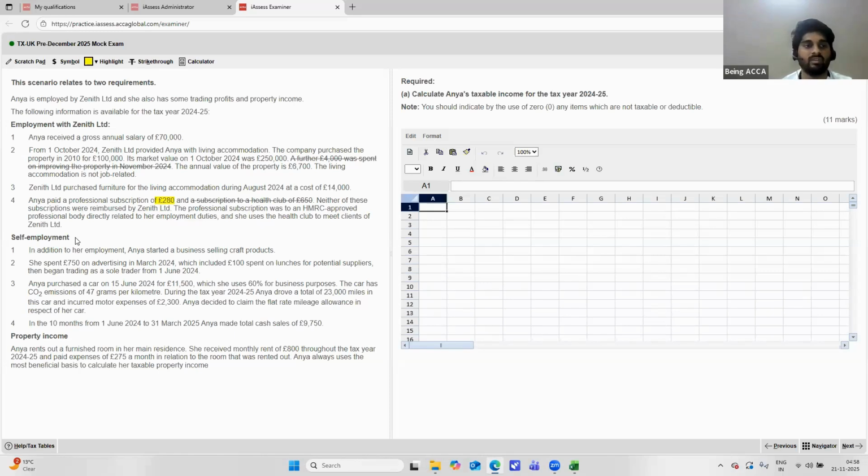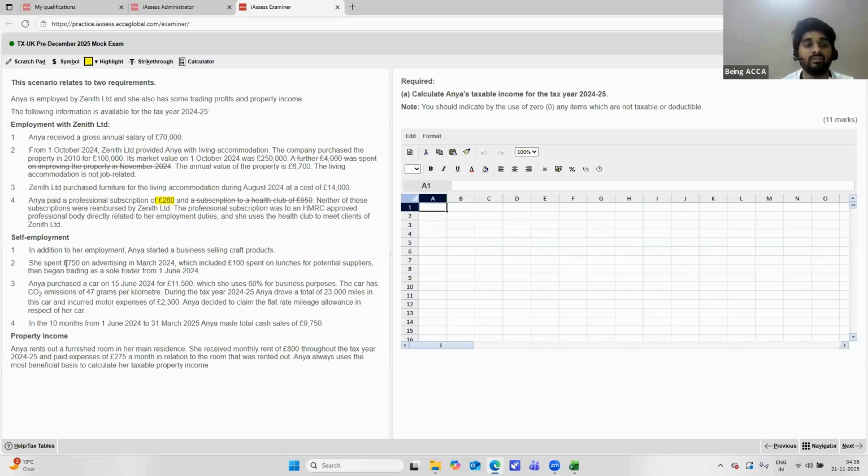Now moving on to the self-employment. In addition to her employment, Anya started a business selling craft products. She spent 750 pounds on advertising in March 2024, which included 100 pounds spent on lunches for potential suppliers.